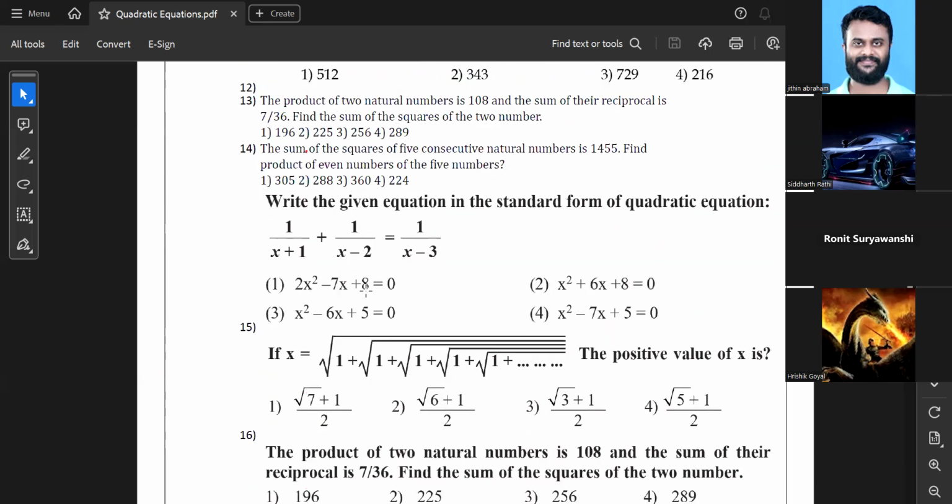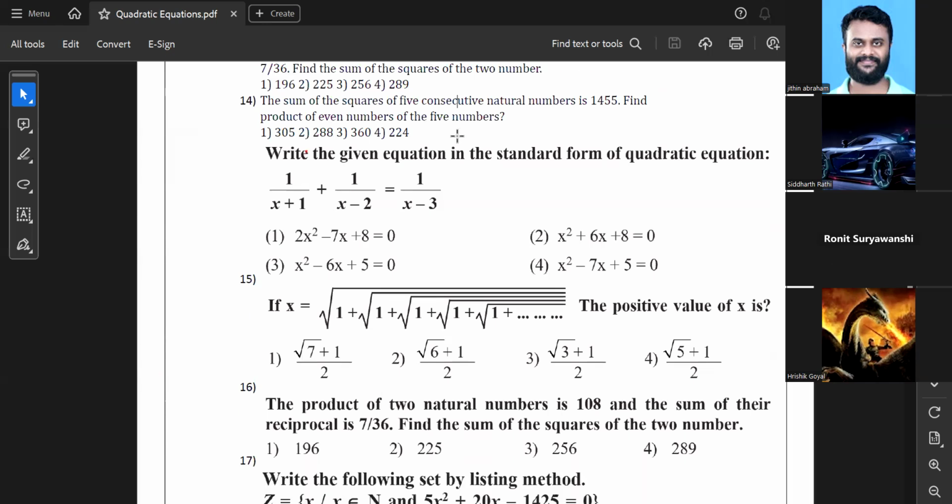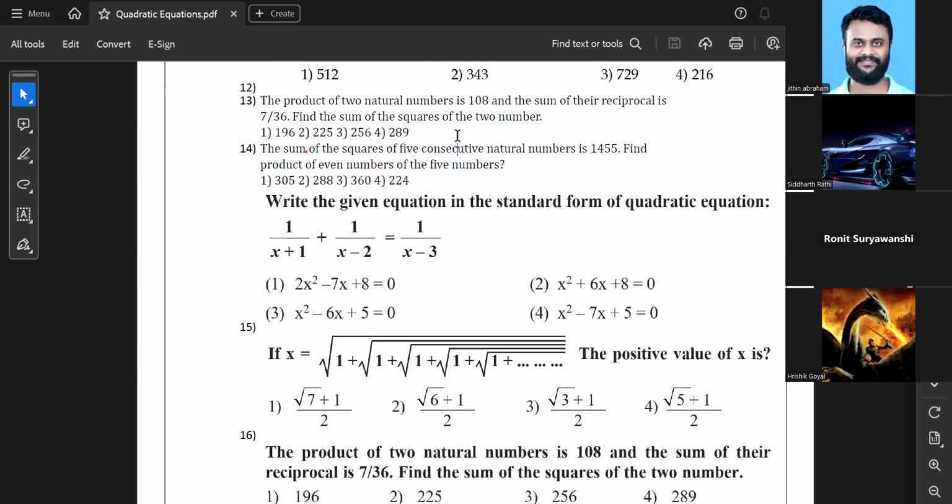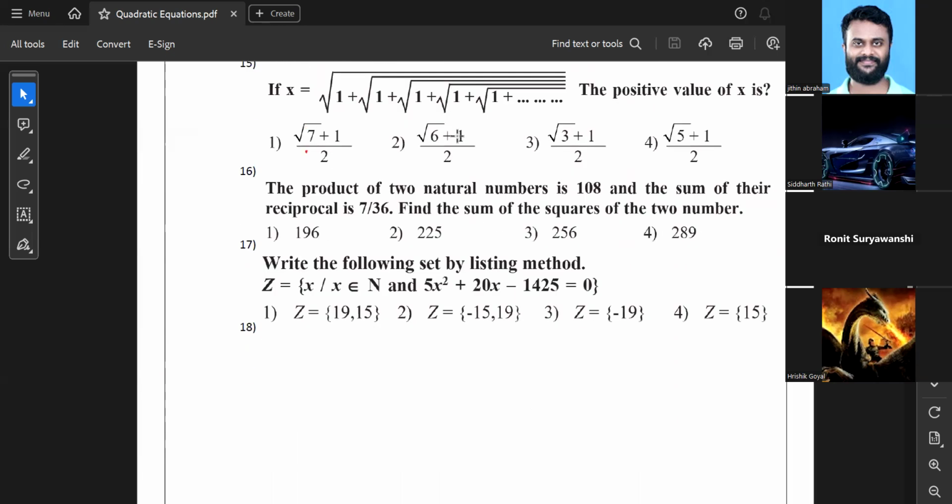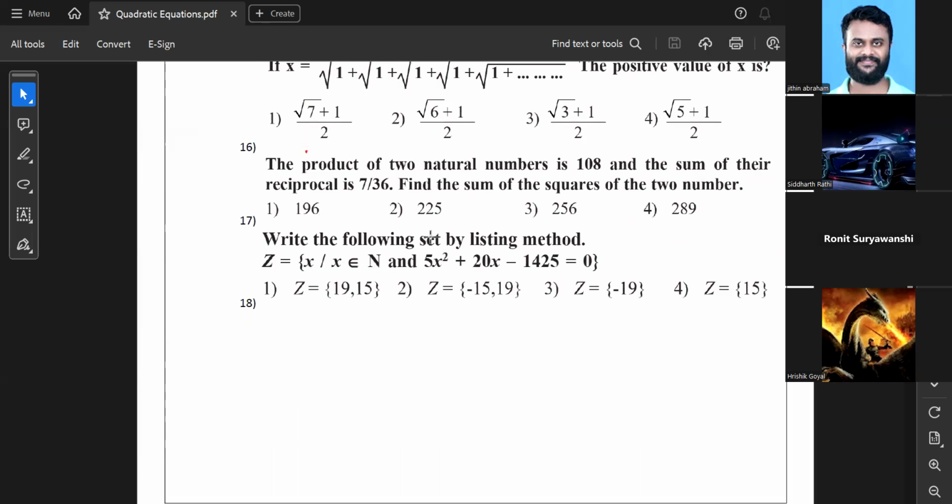Sum of squares of two numbers. Okay, the 13th's answer was option 2, that is 225.